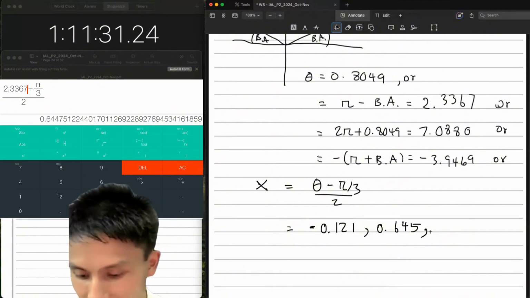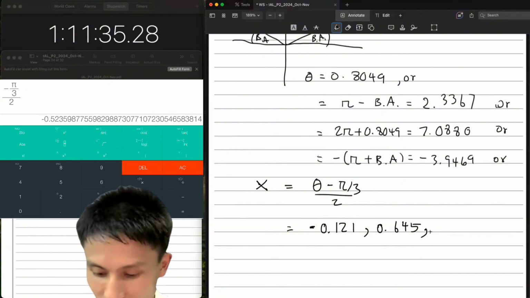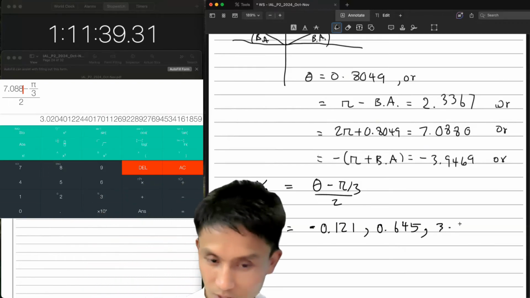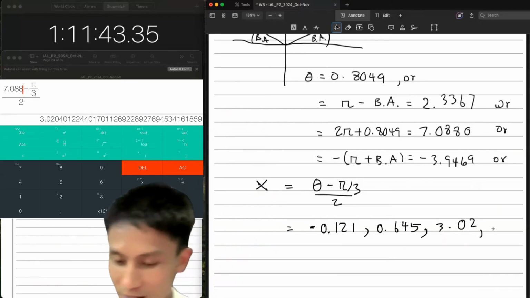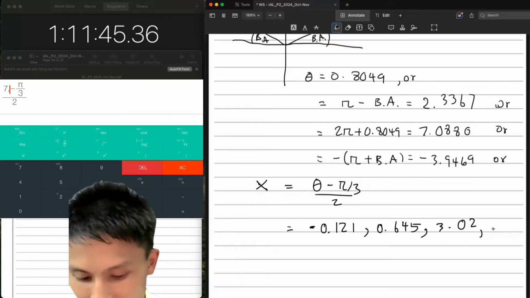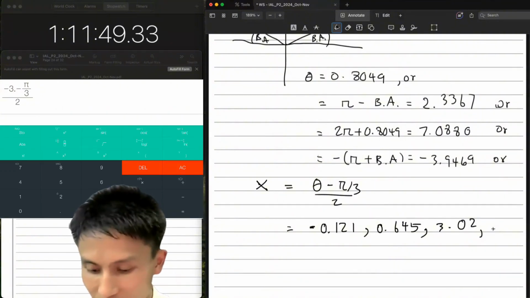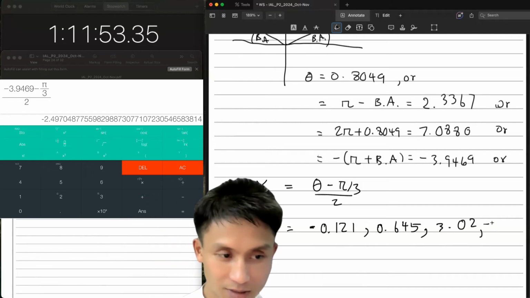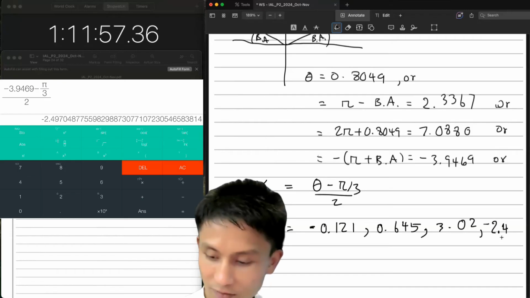And then change this to the third one being 7.088. So I get 3.02, 3 significant figures. And then the last one, a minus root, 3.9469. I get a minus 2.450.